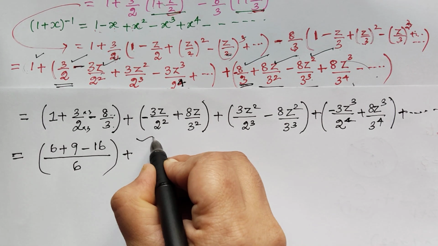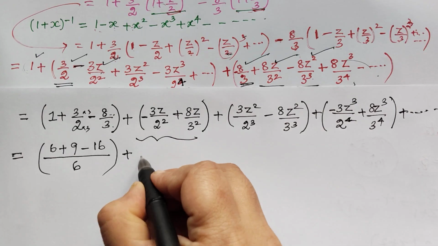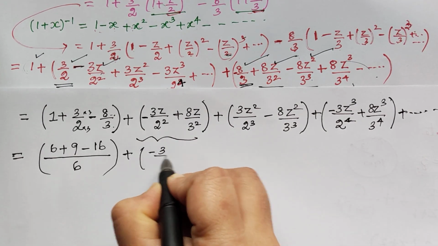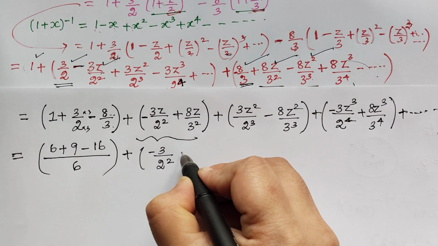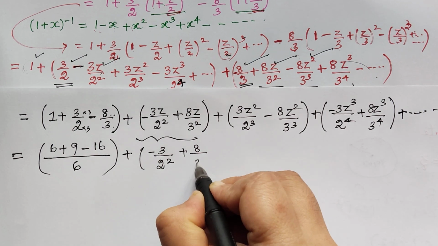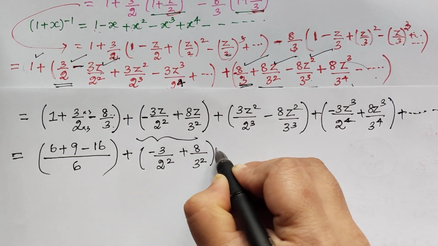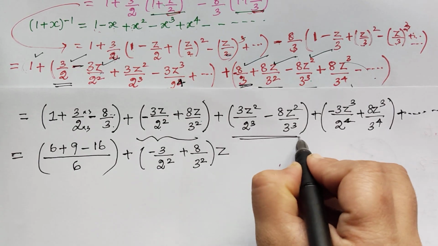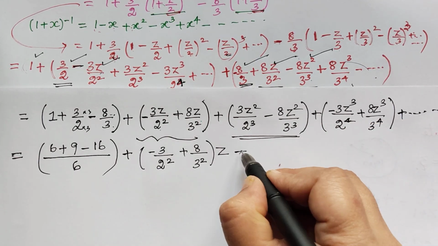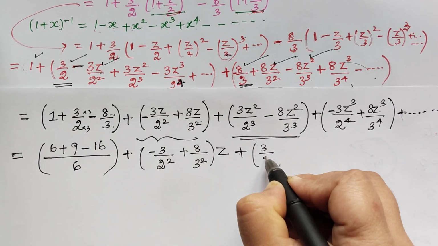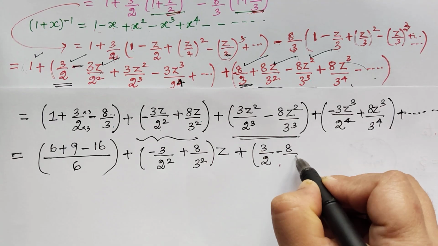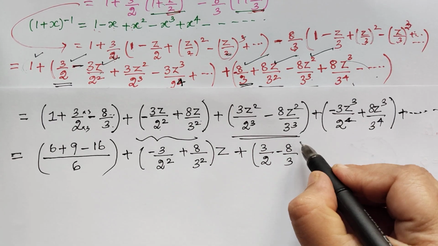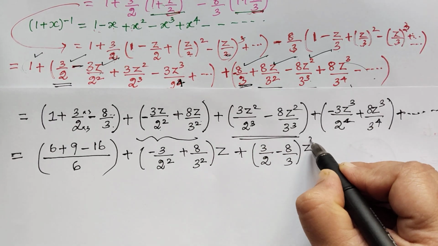Plus, now in this term, let me take the z outside. So it will be minus 3 by 2 square plus 8 by 3 square multiplied with z, because z is in common for these two terms. Now in this term we shall take z square in common. So plus 3 by 2 minus 8 by 3 multiplied with z square.